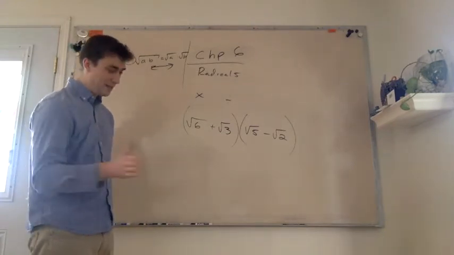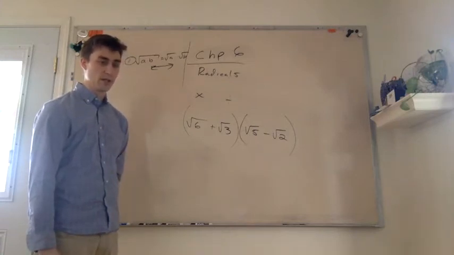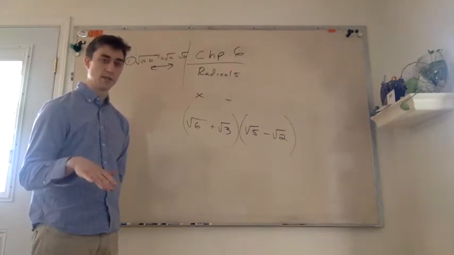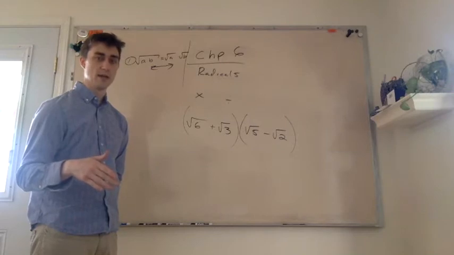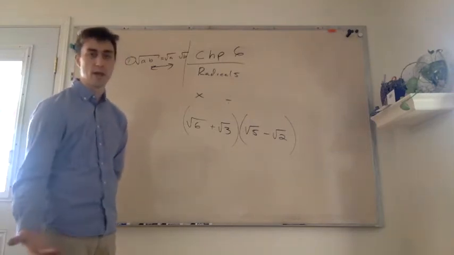I just like to steer away in algebra from using decimal approximations, because you inherently have to sacrifice precision when you do that, and you shouldn't be doing that in mathematics.